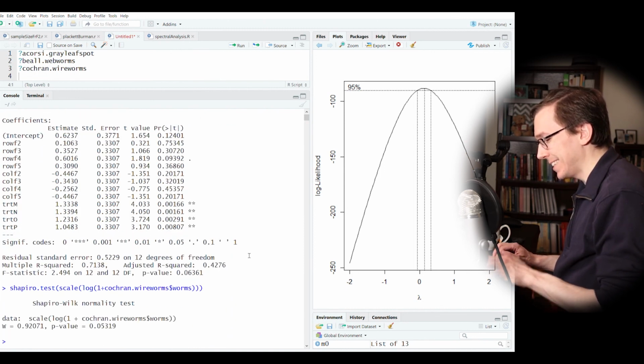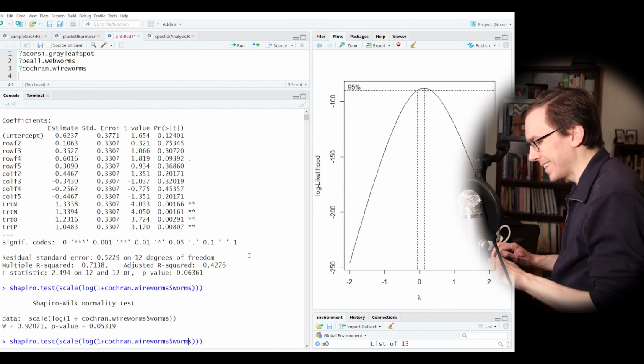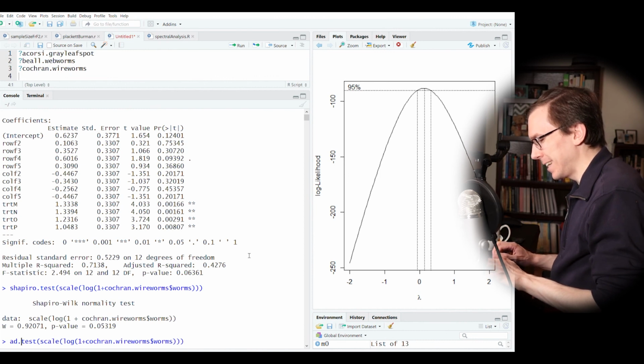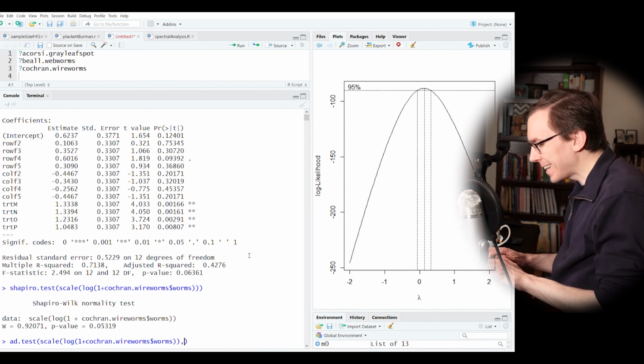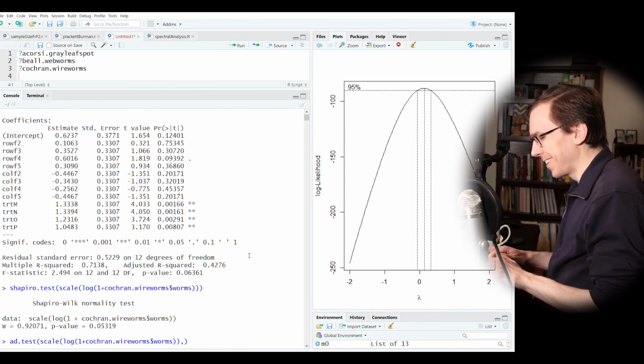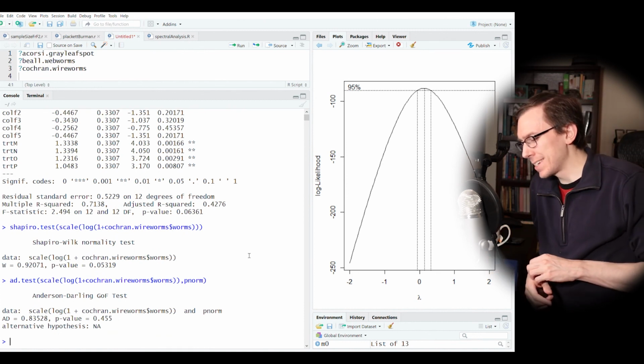And we get something that is sort of on the cusp of being rejected. A p-value that is slightly above 0.5 makes me a little nervous. Like maybe this data isn't quite normal. It's definitely not normal, but as long as it's symmetric enough, we're kind of good to go. Anderson-Darling is not as excited about this data.